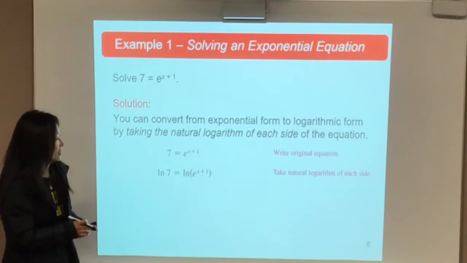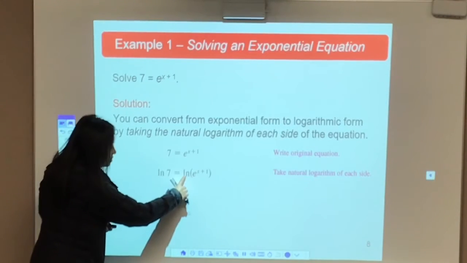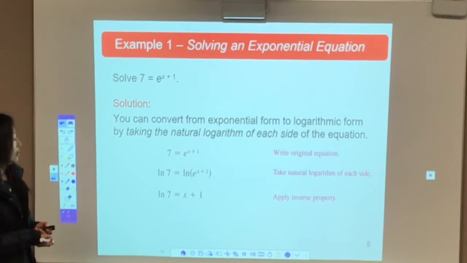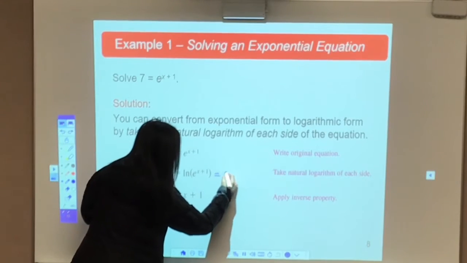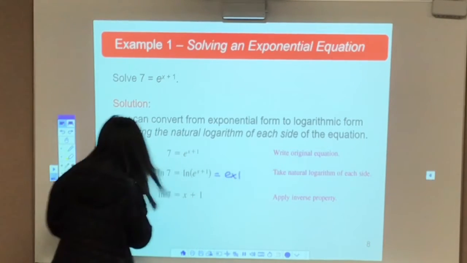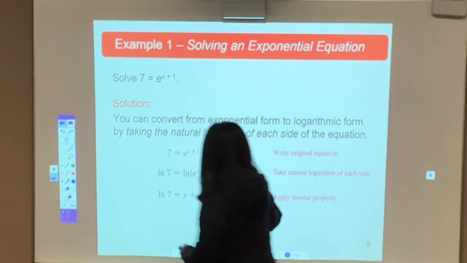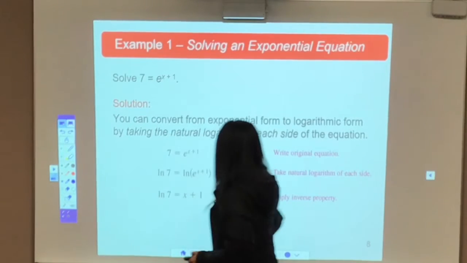Now you have this. Is everybody with me? What's the next step? Right. Since it's a natural log, I can bring this down. First, this gives you x plus, excuse me, why do I keep saying e when I want to say x?